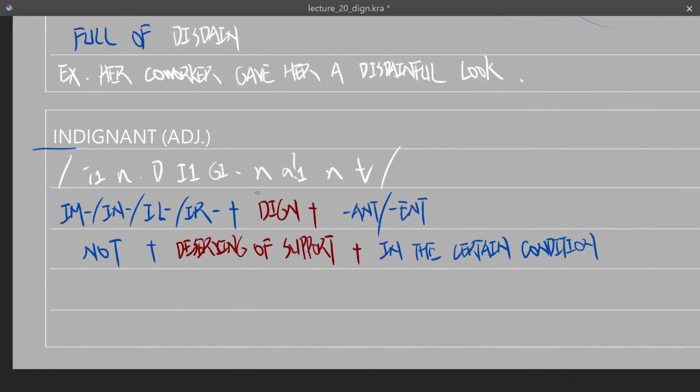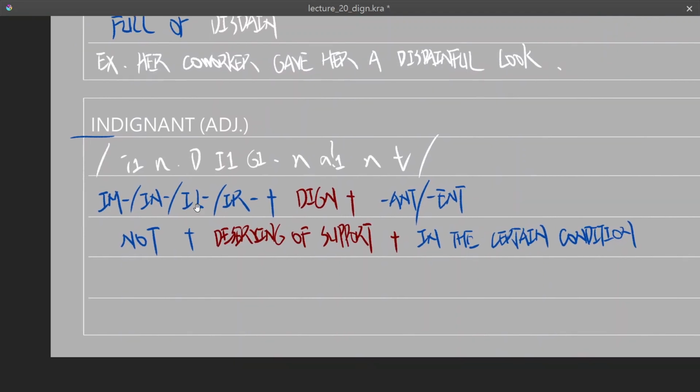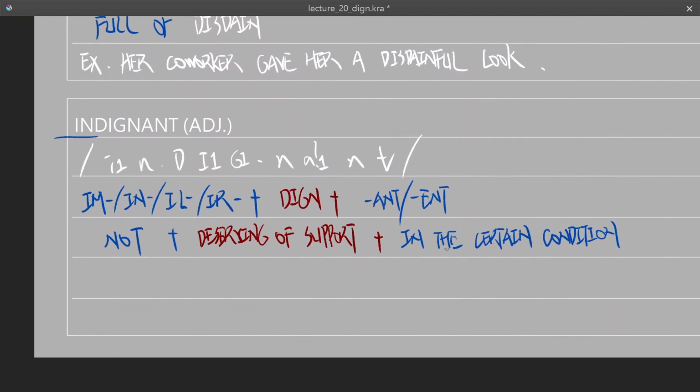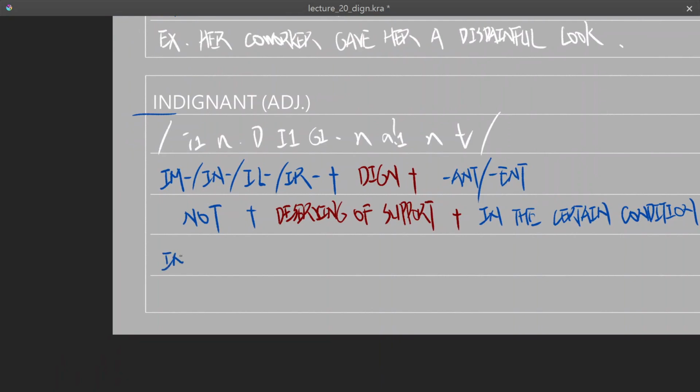So indignant literally means what? It means in a condition. What kind of a condition?